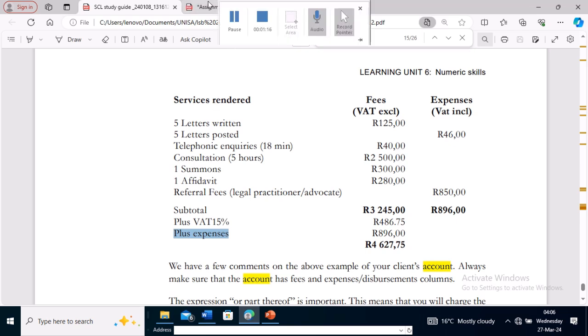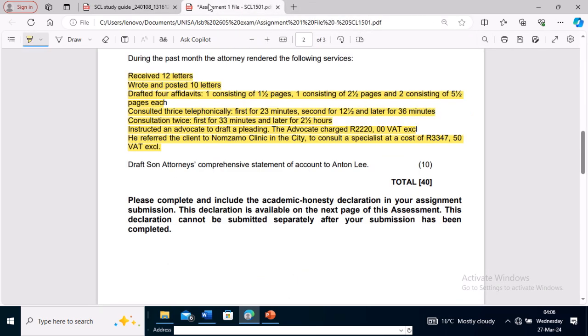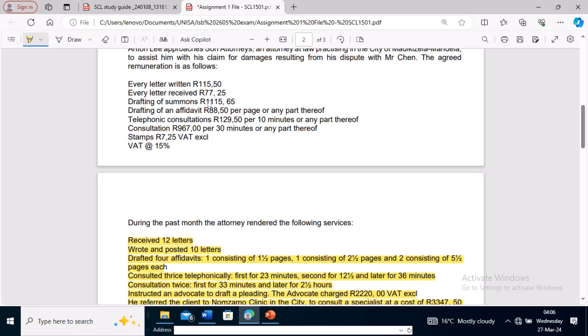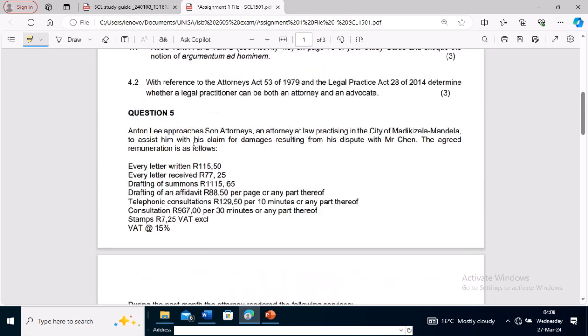Let me go to the question paper. As you can see, here's the question paper, question 5.